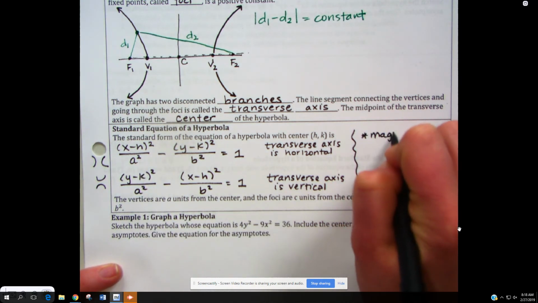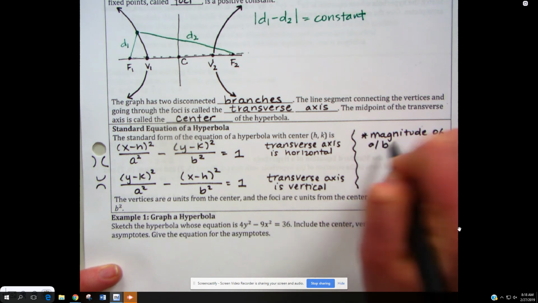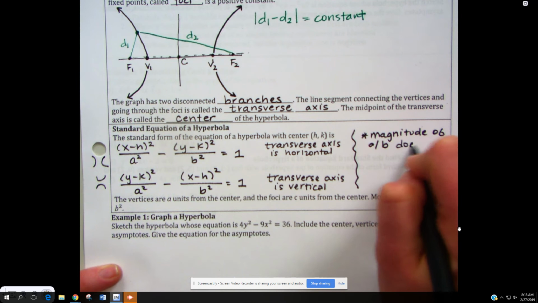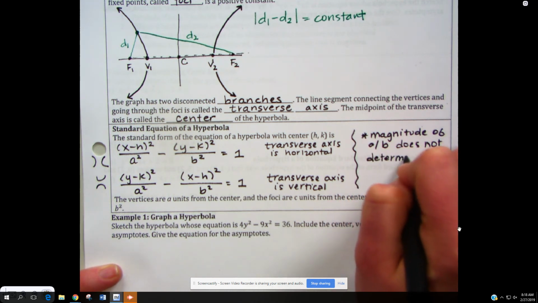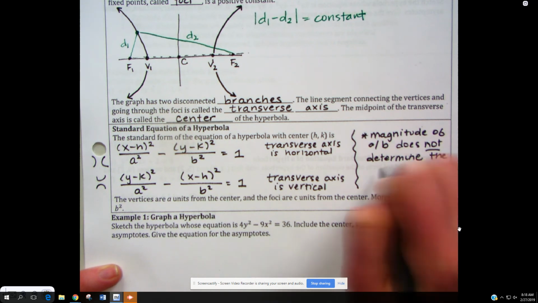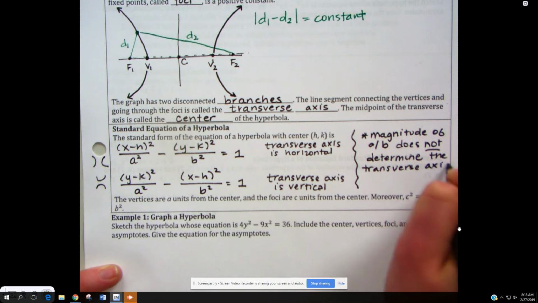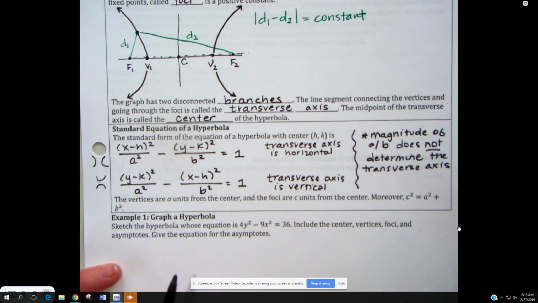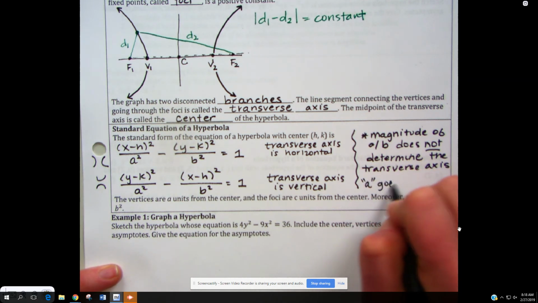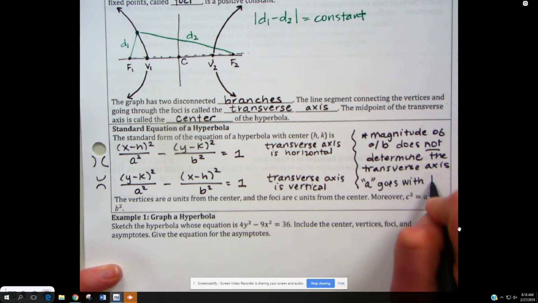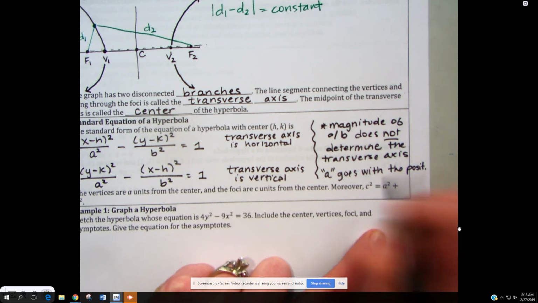The magnitude of A or B does not determine the transverse axis. It's the square term that would have the positive coefficient. We're going to write A goes with the positive squared term.